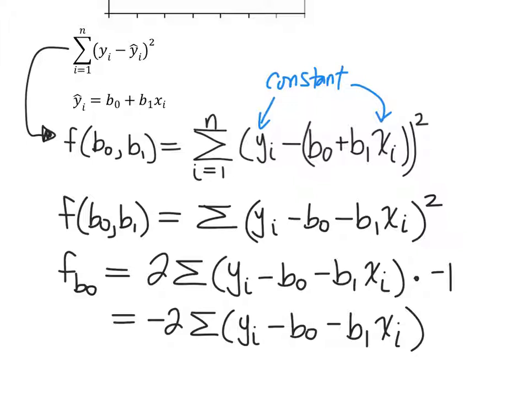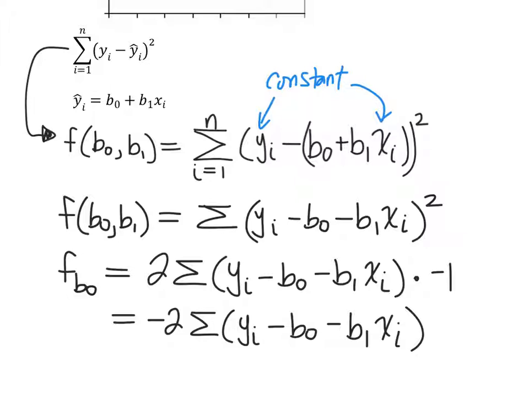Because when you have a summation, the only things that are relevant to it are the elements that contain an i. Right? So if I can actually remove the b0 and the b1, that would be great. As it turns out, I can, but let's take the next step real quick.